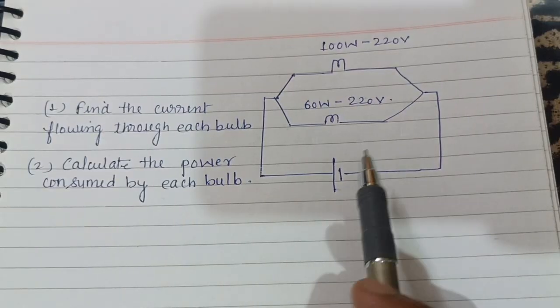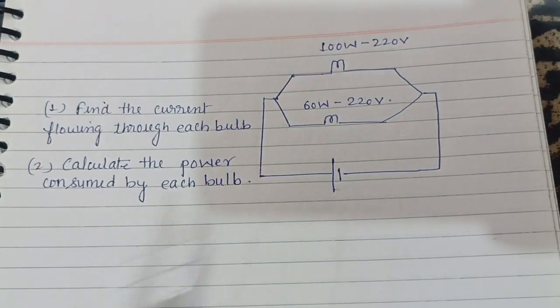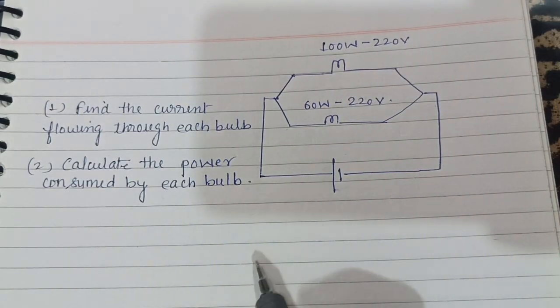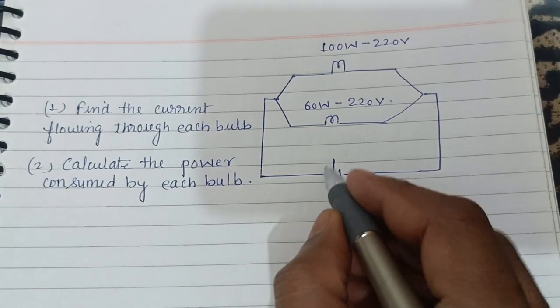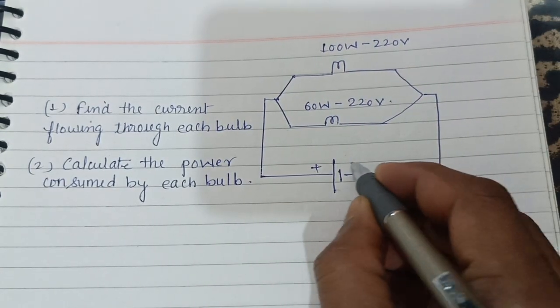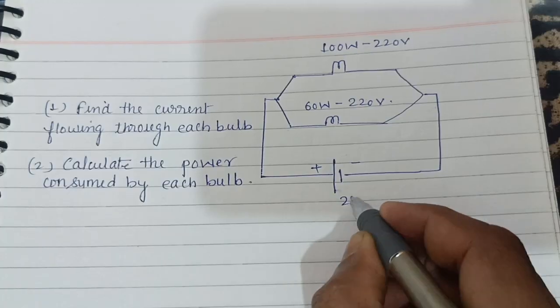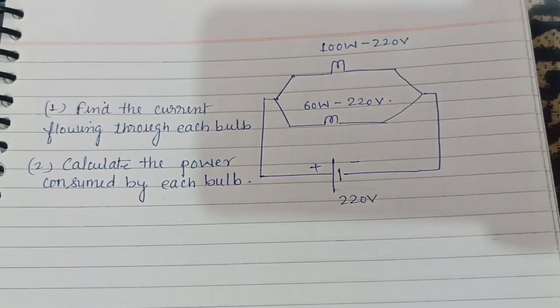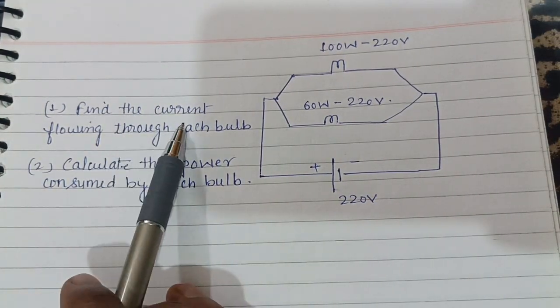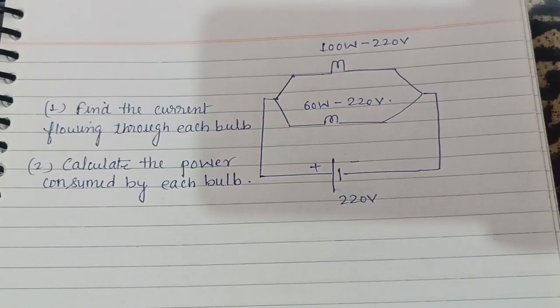Now students, I have made this circuit. This is a plus minus 220 volt supply. We have to find the current flowing through each bulb.